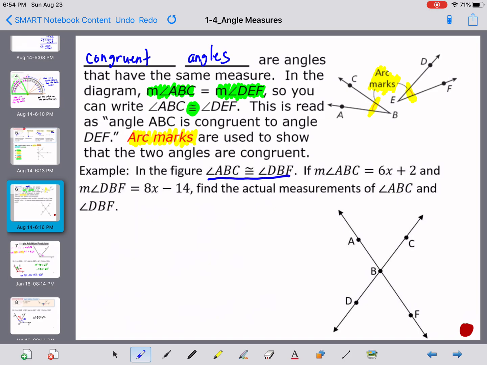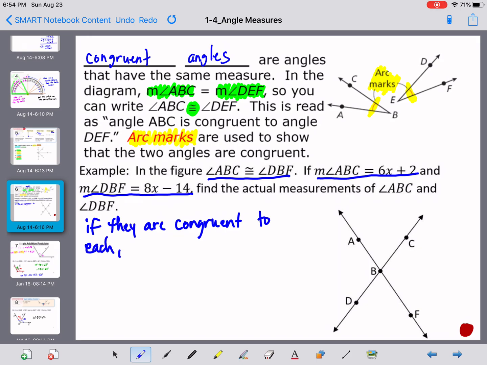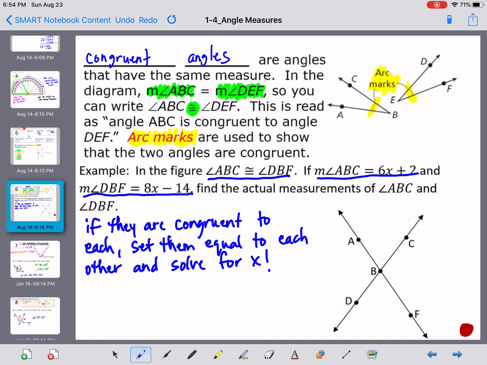Angle ABC is congruent to DBF. The measure of angle ABC is 6x plus 2, and the measure of DBF is 8x minus 14. If they're congruent to each other, set them equal to each other, and solve for x.